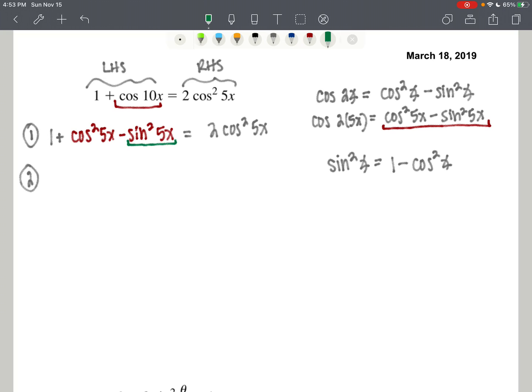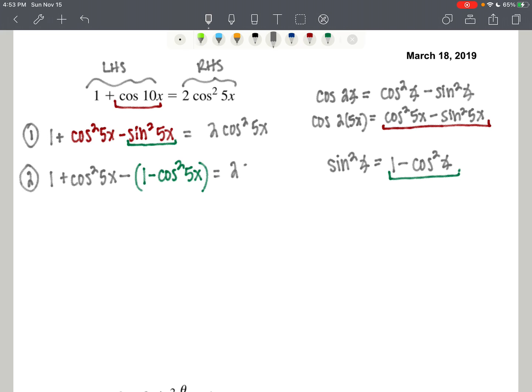So I'm going to replace sine squared of 5x with 1 minus cosine squared of 5x. That's going to give us 1 plus cosine squared of 5x minus, and then in parentheses, I'm going to substitute in 1 minus cosine squared of 5x.